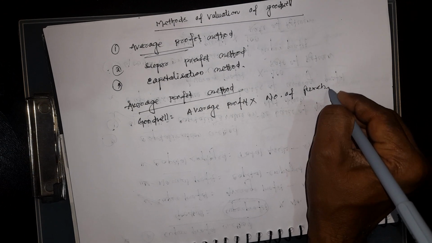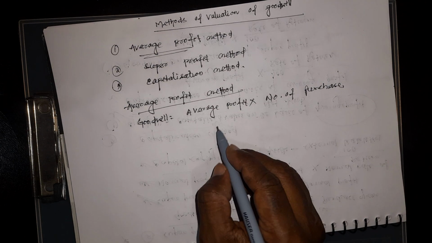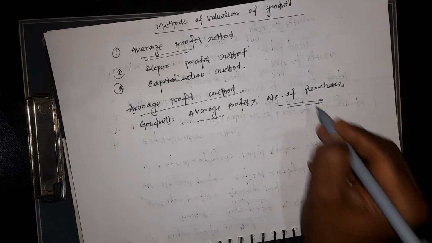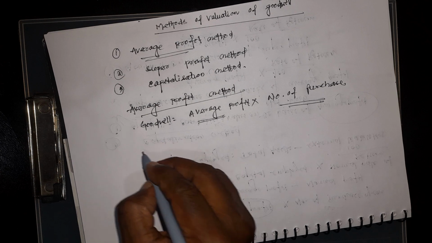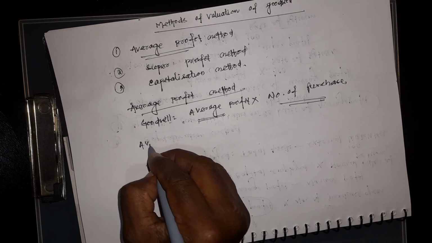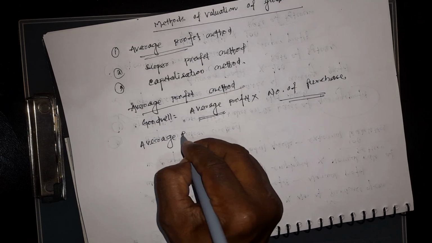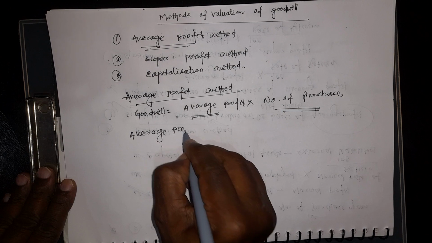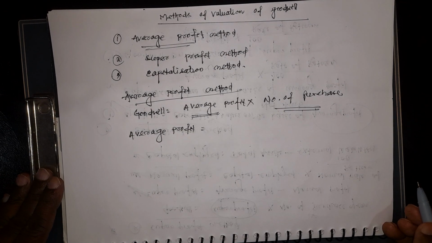So whenever the question is asked to calculate the value of goodwill on the basis of the average profit method, there are two things you have to find out from the question. First of all, the average profit. So the first step is to calculate the average profit. How will we calculate the average profit? Suppose 4 years profit is given. So all the profit of 4 years will be added and divided by 4.